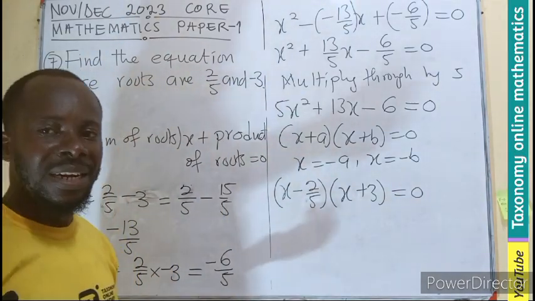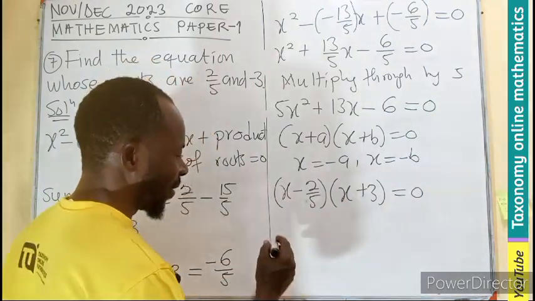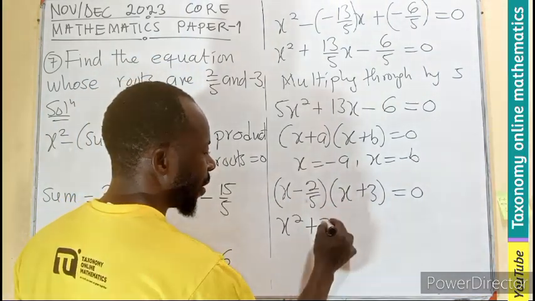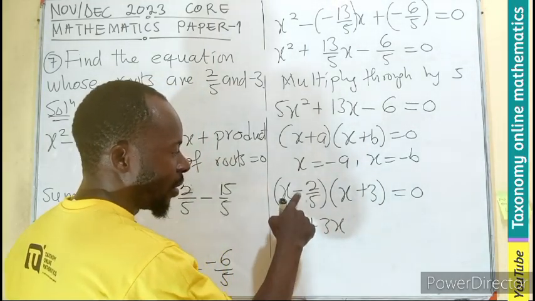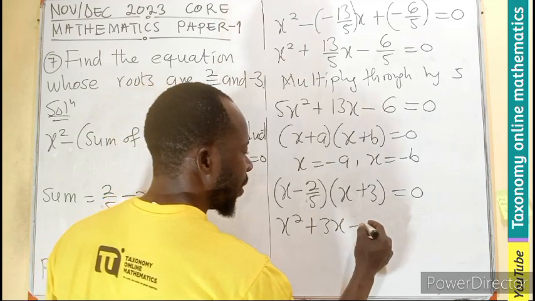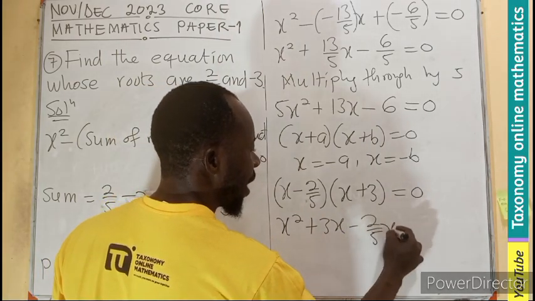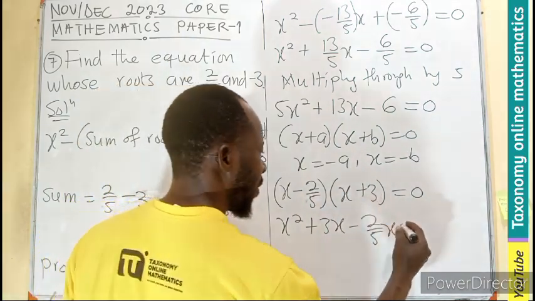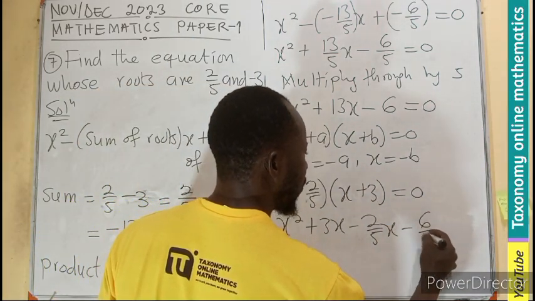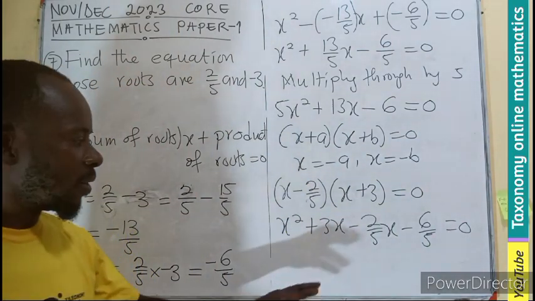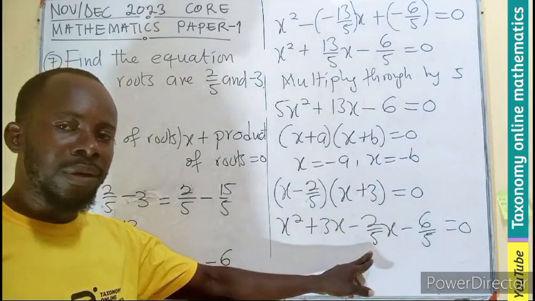What do we do? We expand. So x times x will be x squared. x times 3 is 3x. -2/5 times x is -2/5 x. -2/5 times 3 gives us -6/5 equals 0. Are you seeing the resemblance? 3 minus 2/5.